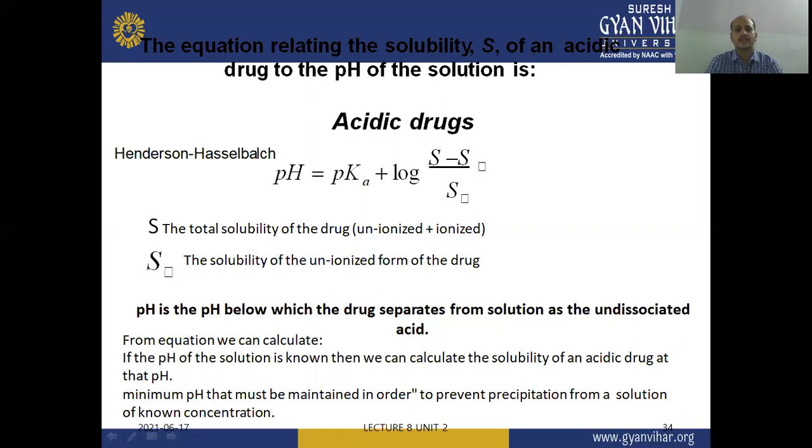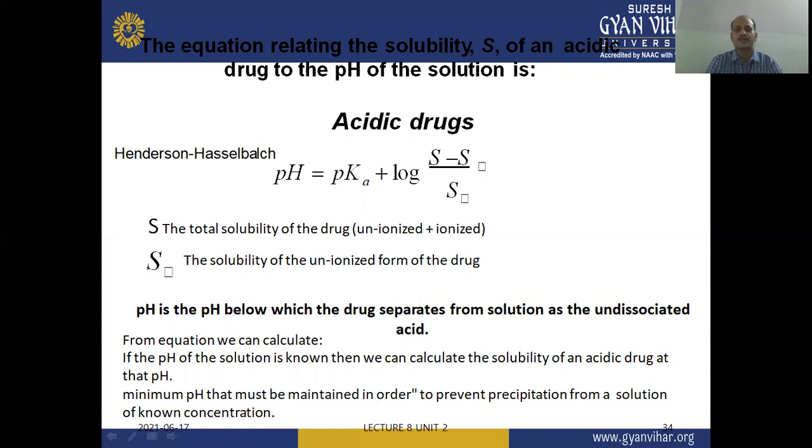Here, pH is the pH below which the drug separates from solution as the undissociated acid. With the help of this Henderson-Hasselbalch equation for acidic drugs, if the pH of the solution is known, then we can calculate the solubility of the acidic drug at a particular pH. We can also calculate the minimum pH that must be maintained in order to prevent precipitation from a solution of known concentration.